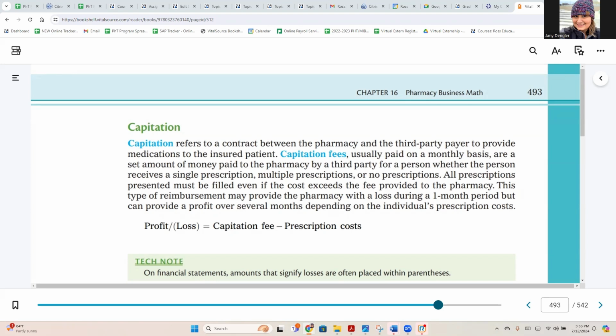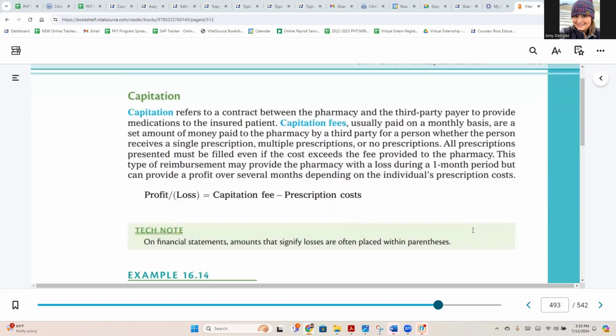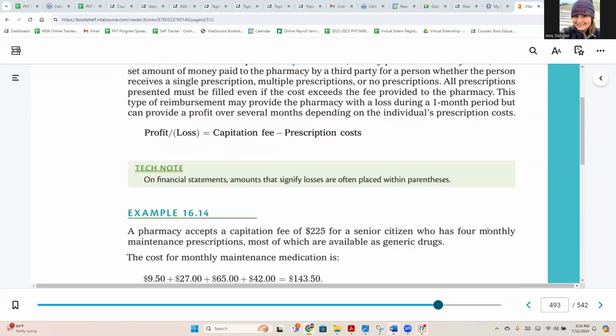All prescriptions presented must be filled, even if the cost exceeds the fee provided to the pharmacy. This type of reimbursement may provide the pharmacy with a loss during a 1-month period, but can provide a profit over several months depending on the individual's prescription cost. So the profit or loss is equal to the capitation fee minus the prescription costs.